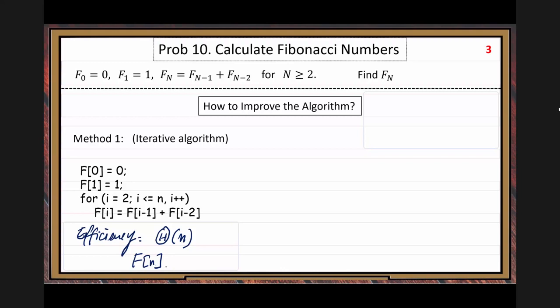So that's approximately n times, right? Not exact, but approximately, plus or minus some small number. Approximately n, so we can use big theta of n. Very fast, linear.